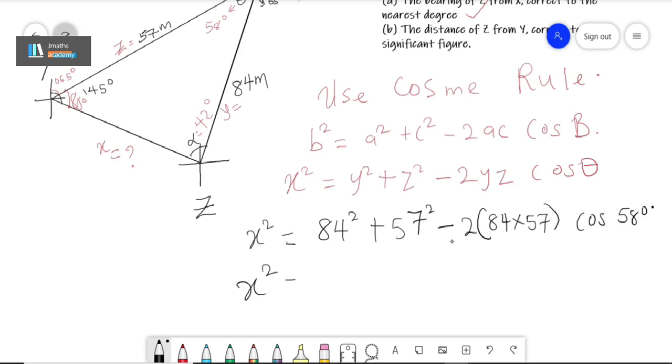So I have our x squared to be equal to 7056 plus 3249 minus 2 into bracket 4788 multiplied by cos 58 degrees, which is 0.5299.